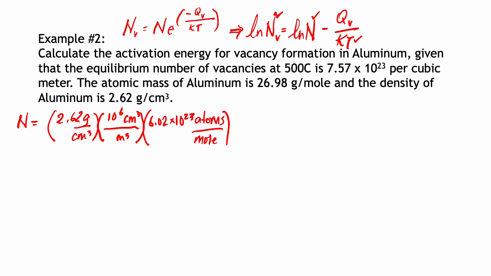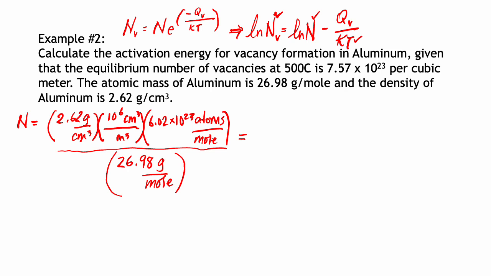Oh, I still have to divide by the atomic mass, there it is. And that is 26.98 grams per mole. There we go. So now my grams will cancel, my centimeters cancel, and my moles cancel. And so I'm going to have an answer in atoms per cubic meter.